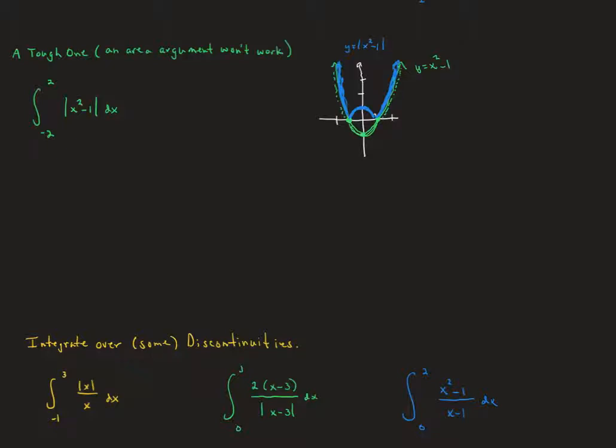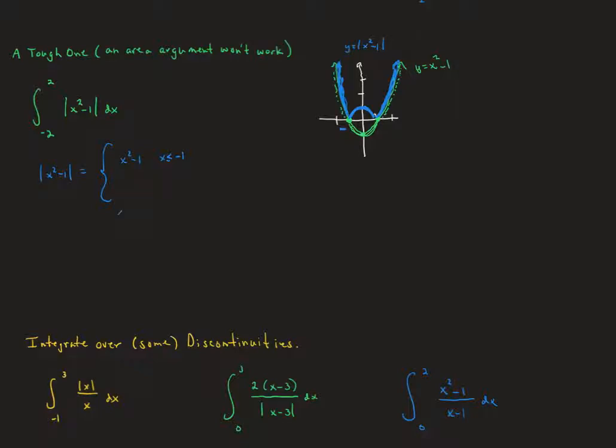So our piecewise function, our absolute value of x squared minus 1, is going to look kind of like 3 pieces here. It's going to look like just x squared minus 1 for these values of x that are less than, or we can say or equal to, -1.